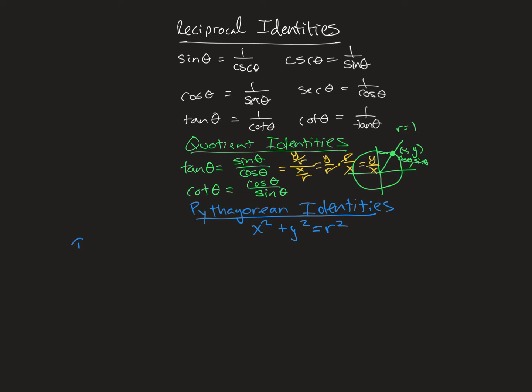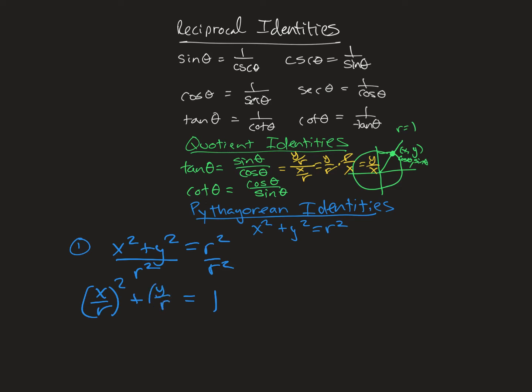So for the first one, if we divide both sides by r squared, let's do that. So x squared plus y squared equals r squared. If I divide both sides by r squared, well, on the right side, I'm getting 1. And on the left side, I'm going to get x squared over r squared, plus y squared over r squared.